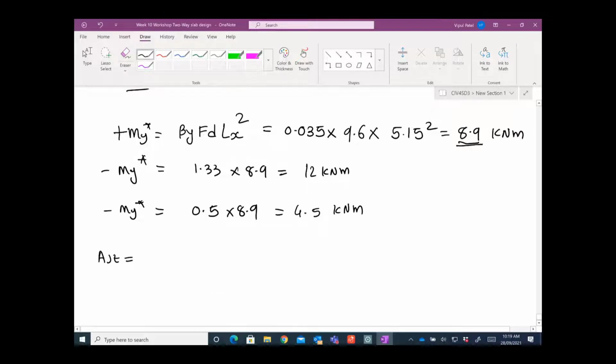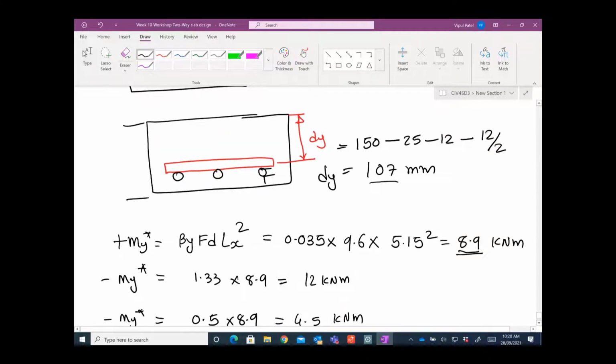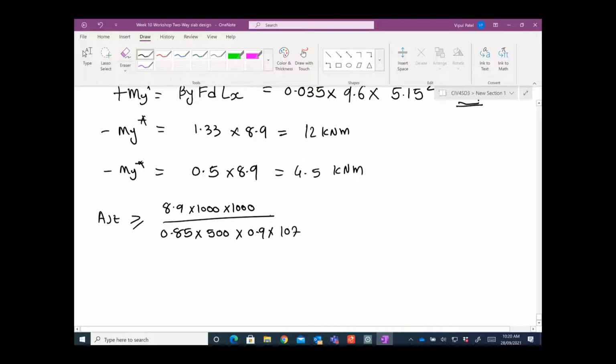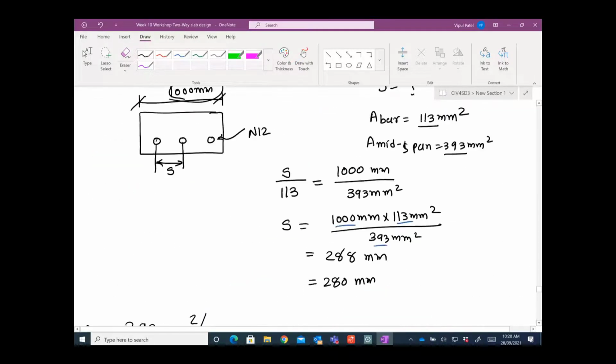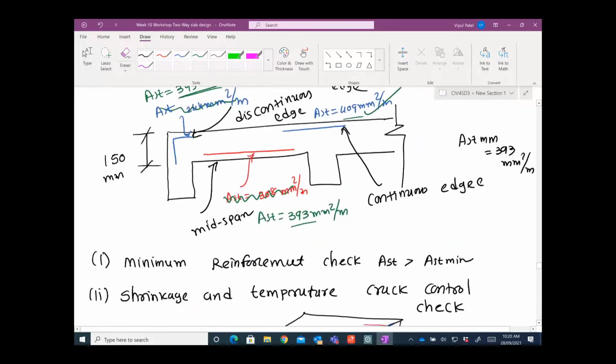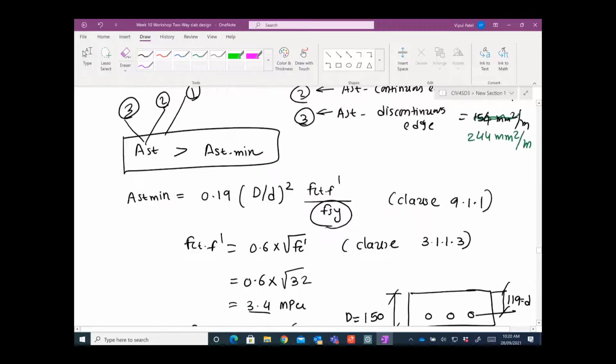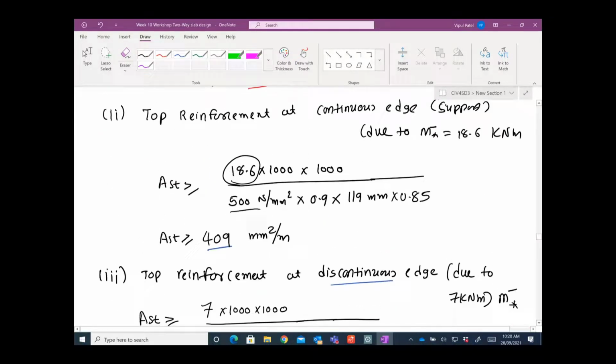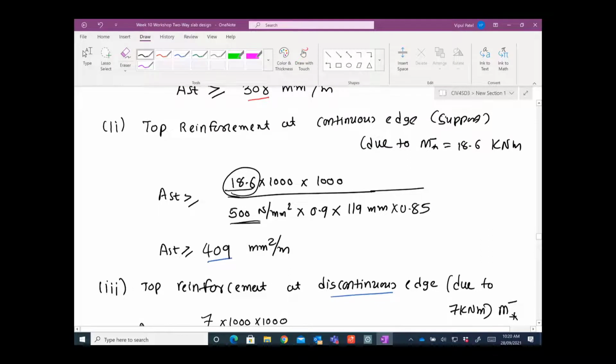Once you know the moments, you can calculate Ast. Ast is equal to, once you put this 8.9, it should be greater than 8.9 times 1000 times 1000 over 0.85. Don't forget that one. You remember, I forgot that. And 0.9d here is 107. Where is this coming from? You remember that one, right? We did this three times, same equation here.